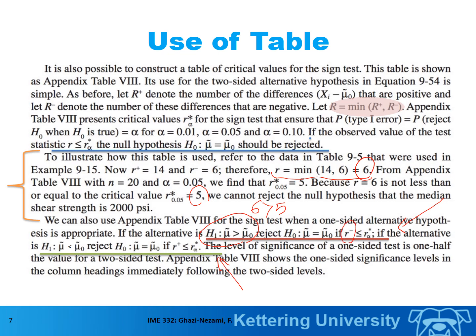And if I have a lower-sided test, I will reject my H null if the number of positive differences is less than the threshold.